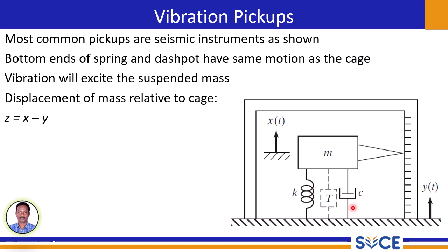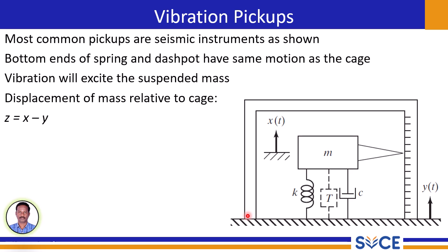The crucial point here is that the bottom end of both spring and damper share the same motion as the cage itself. Imagine this box or cage being attached to the vibrating object we want to measure.